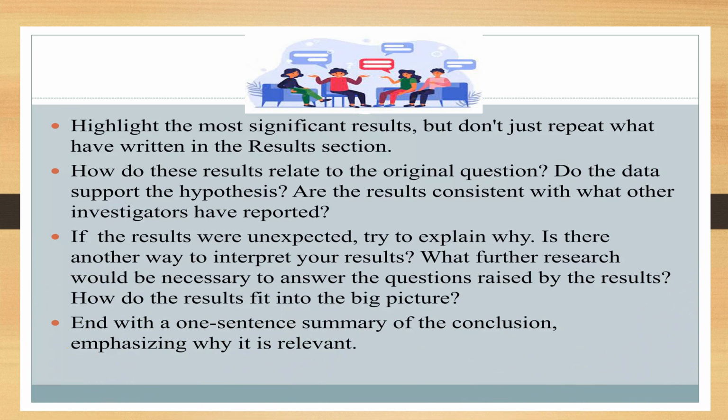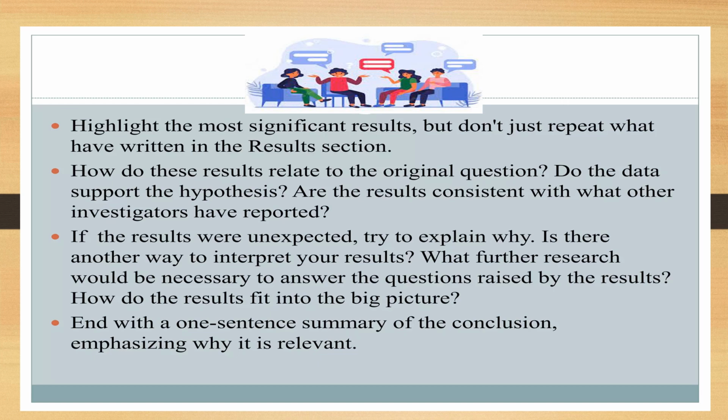In the discussion, always try to highlight the most significant results and how the results originate. From your results, you should try to answer your research question and correlate whether your result supports the hypothesis you stated in the earlier chapter, and make sure the results are consistent with what other investigations have reported.